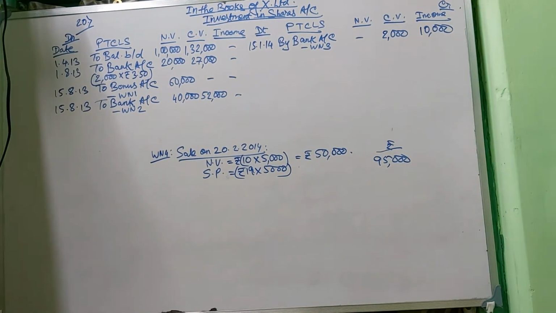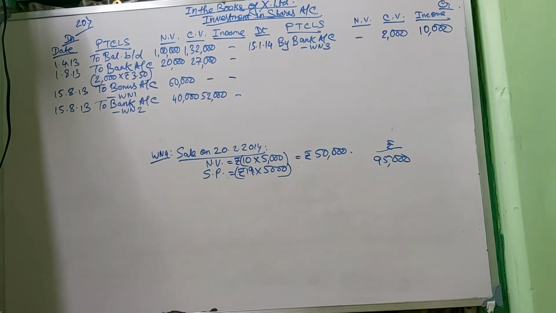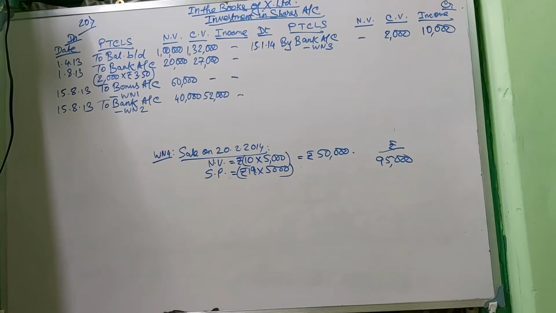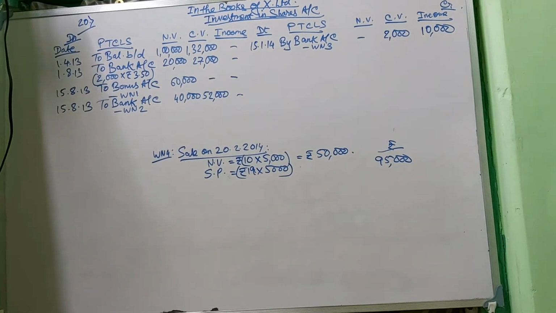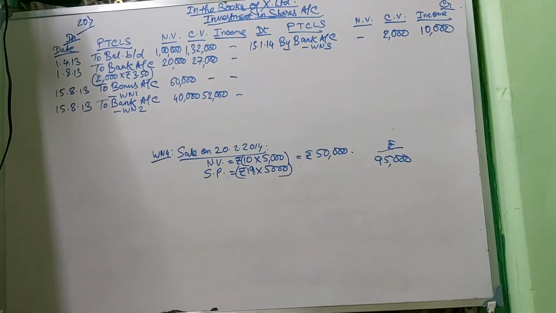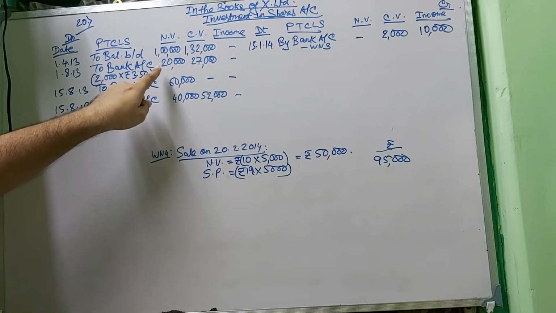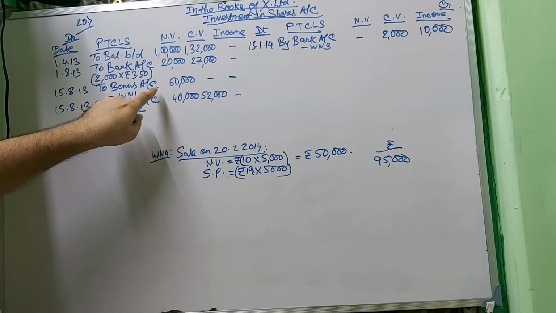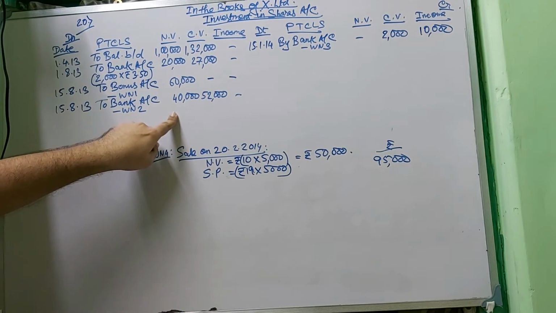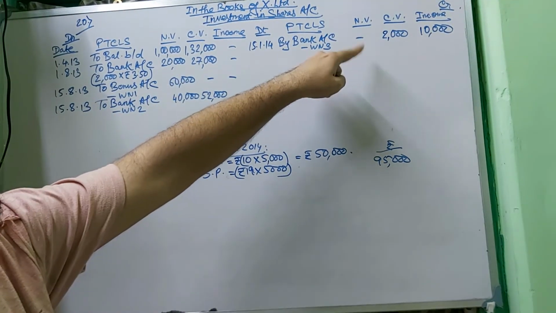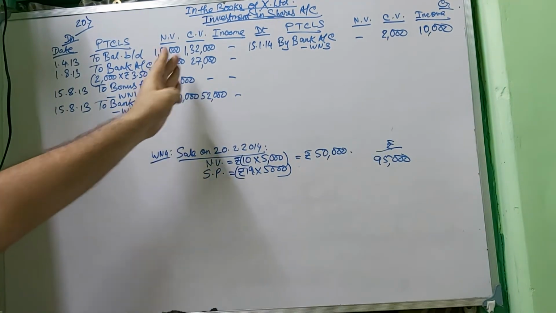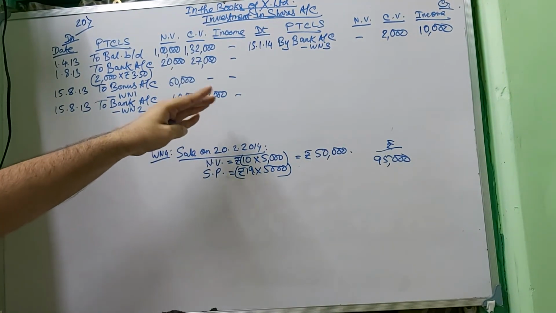So proportionate cost, again you have to calculate the nominal value and the cost value, right? You have to calculate the proportionate cost over here. Easy. How? Adding all the nominal values: 1 lakh plus 20,000 plus 60,000 plus 40,000. As there is no nominal value to deduct, add, minus, less, that will be the proportionate cost.